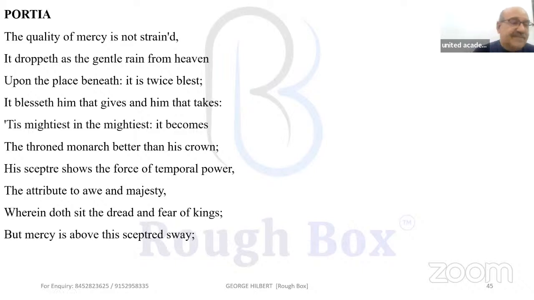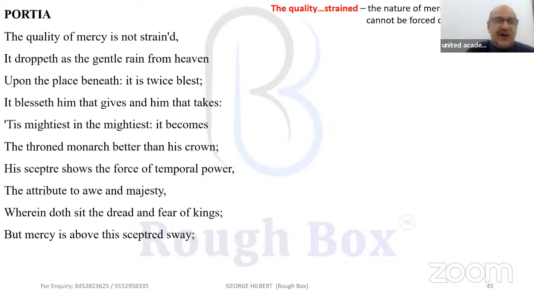And she tells him, Shylock, the quality of mercy is not strained. Mercy has such a quality that it cannot be strained, it cannot be forced out of anyone. You cannot force anyone to be merciful.